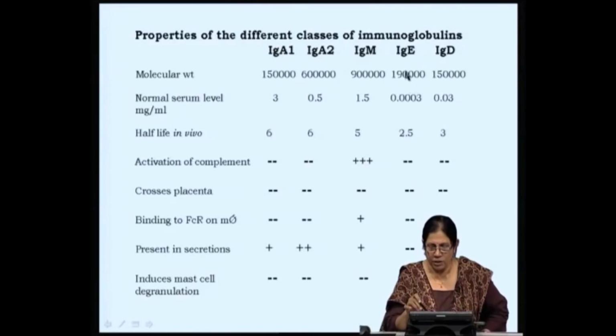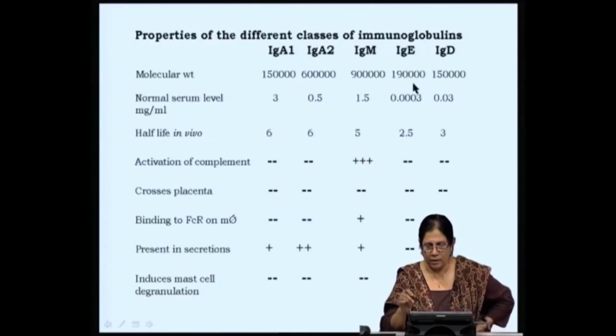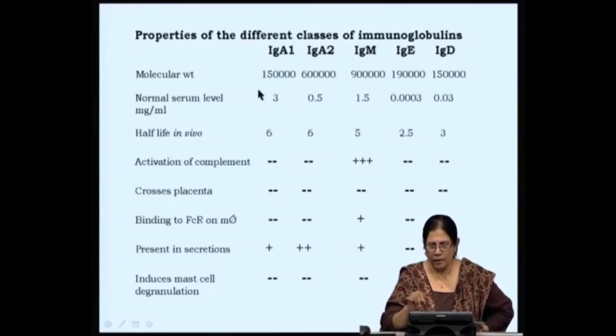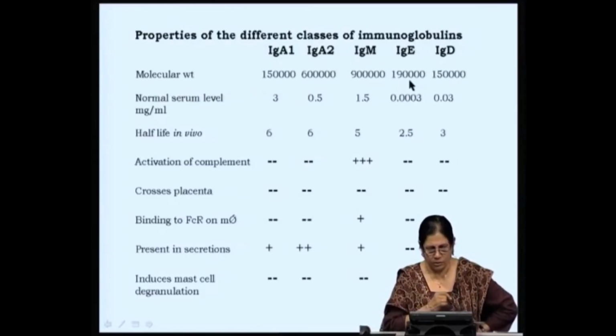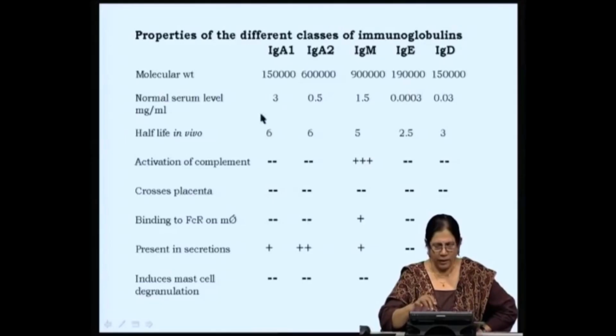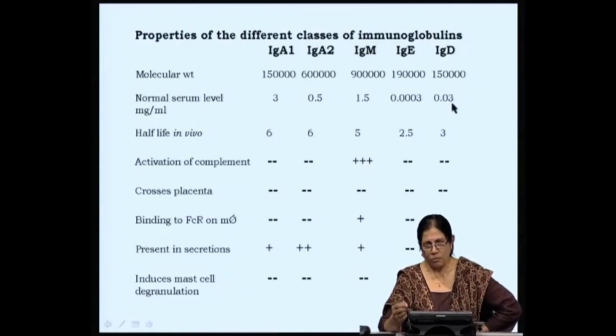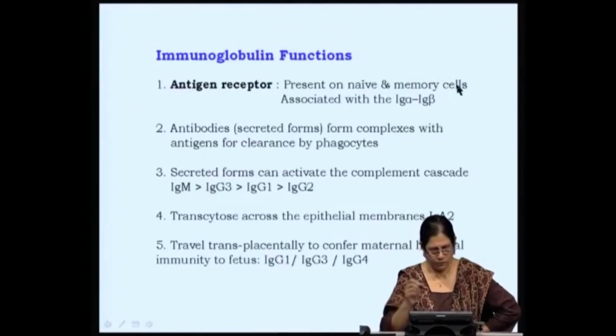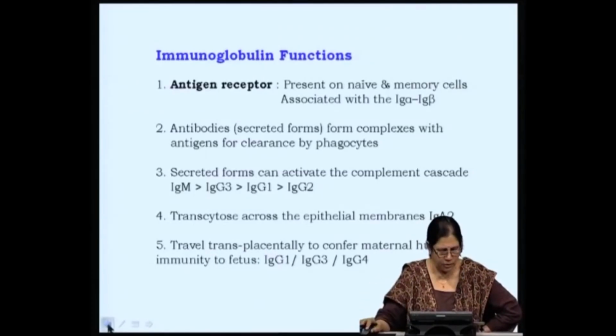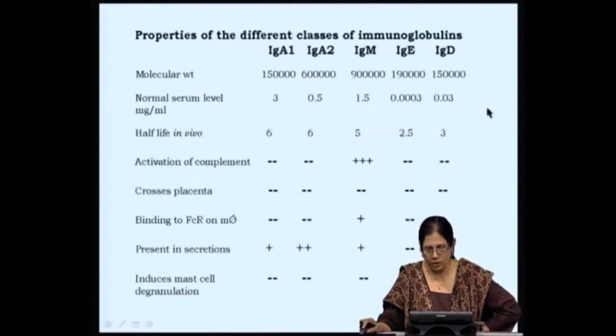IgE, because of an extra constant domain, has a molecular size larger than IgA1 and IgD, which is 1,90,000. IgA1 is present in 3 milligrams per ml, IgM half of that, 1.5, and IgD, as I have told you several times, is mostly present as cell surface receptor and almost no antibodies in circulation represent the IgD class.